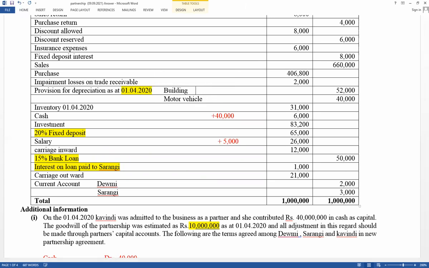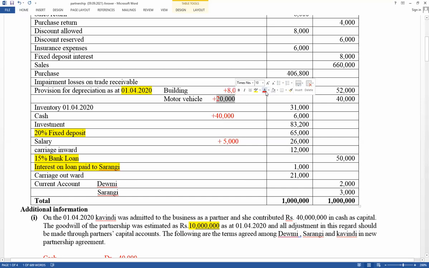Therefore, annual depreciation should be added to the accumulated depreciation also. Building 8,000 as well as motor vehicle 20,000. Annual depreciation should be added to the accumulated depreciation. Then accumulated depreciation closing balance can be calculated.